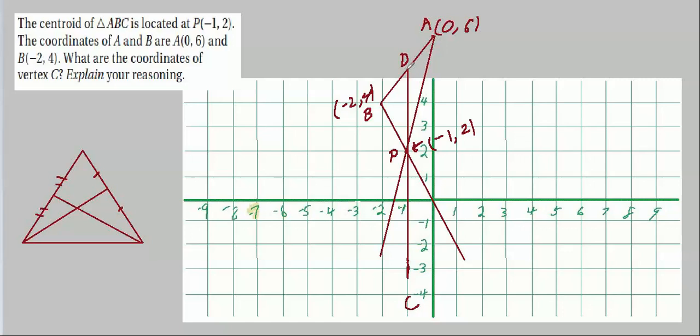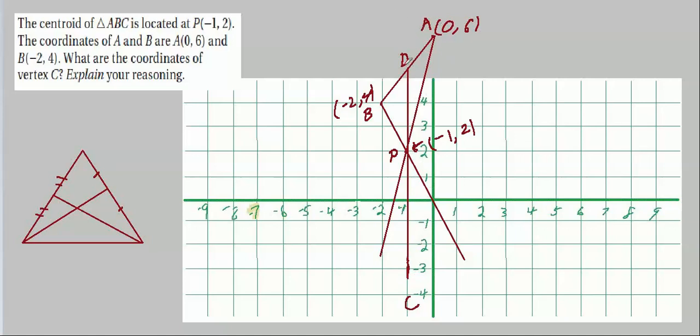We can draw a line through those two, which extends to C. At that point, we know that C lies along this line somewhere, but we don't exactly know where. All we have to do is compute the length of this, and this part will be double, and then we can find this. In other words, the part from P to C is 2/3 of the whole thing from D to C. Sounds more complicated than it is.